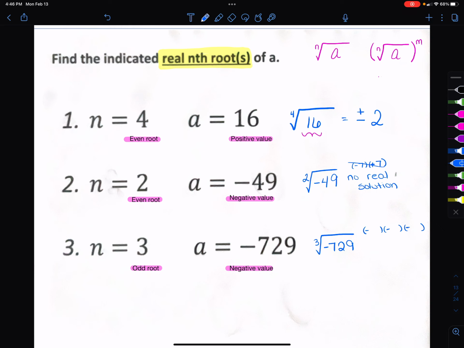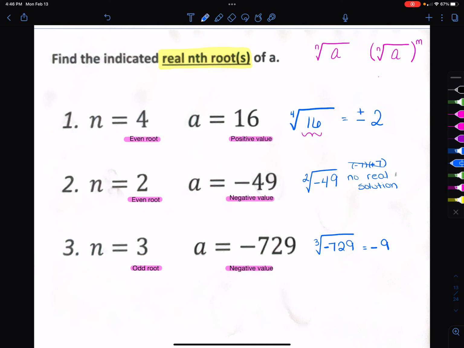So if I'm taking the odd root of a negative number, my answer is going to be a negative value. If I was taking the odd root of a positive number, then my answer would be a positive value. So when you're taking the odd root, just keep the sign, whatever that sign is. If it was negative, keep the negative. If it was positive, keep the positive. So the number times itself 3 times to give me -729 is going to be -9.